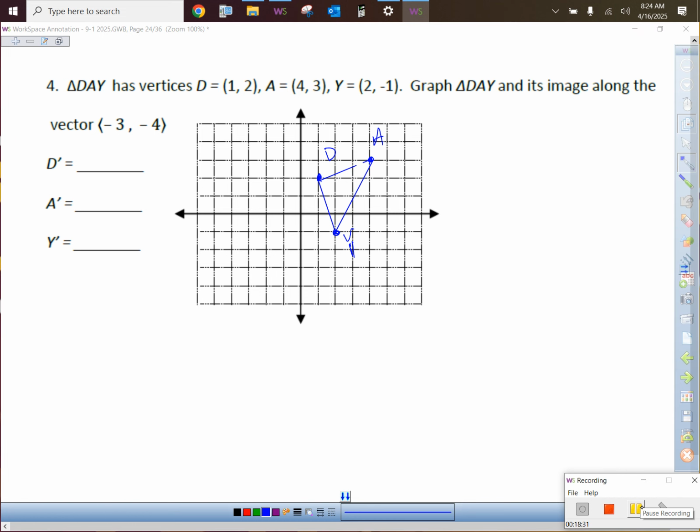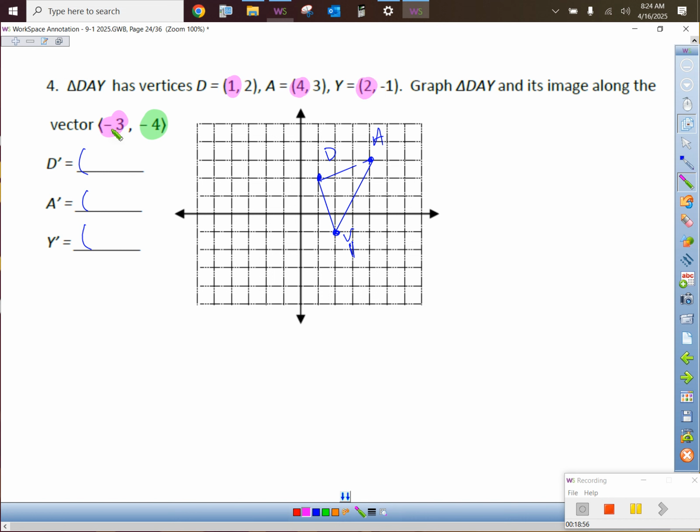Then they asked me to go along this vector of <-3, -4>. This means it's going to move 3 units to the left and 4 units down. Do you see I did left because it was a negative and down because it was also a negative? They asked me to find all these ordered pairs, so I'm just going to do that first. I'm going to take all of these ordered pairs right here in pink, and doesn't the rule say subtract 3 from it, right?